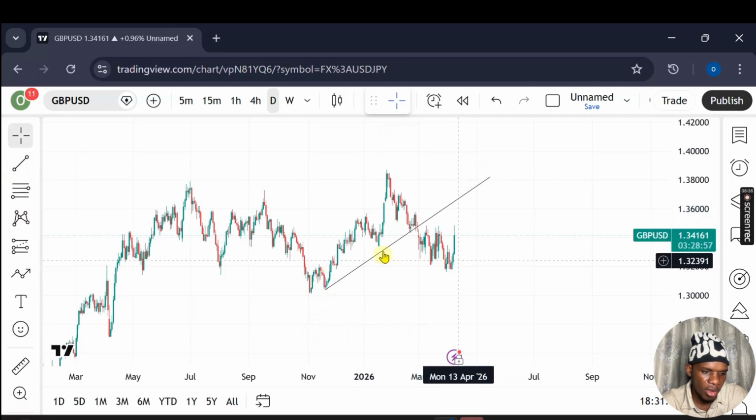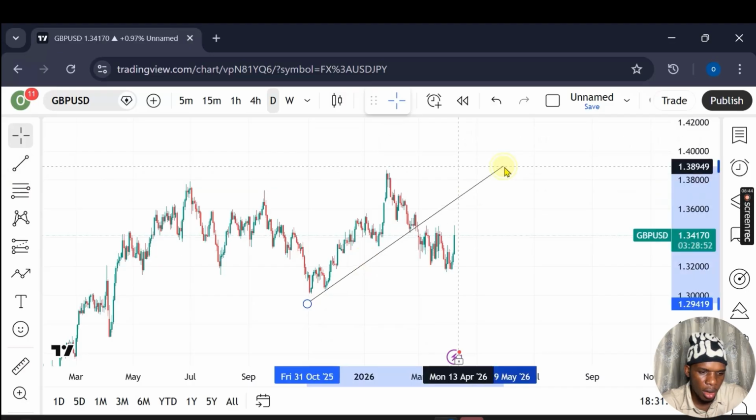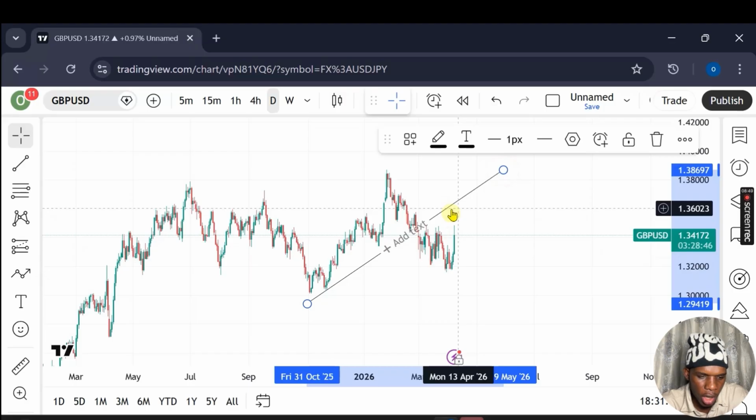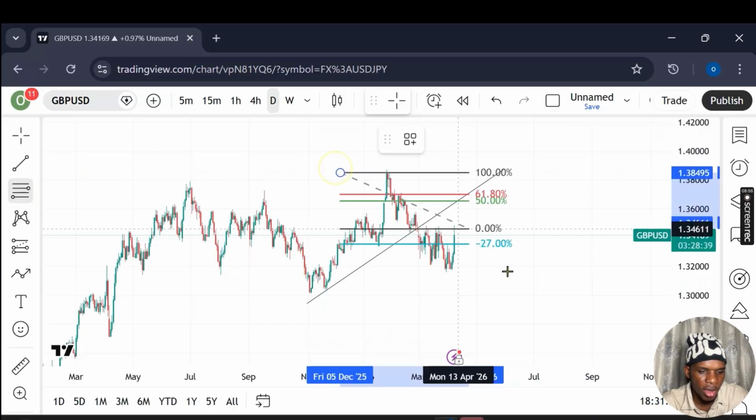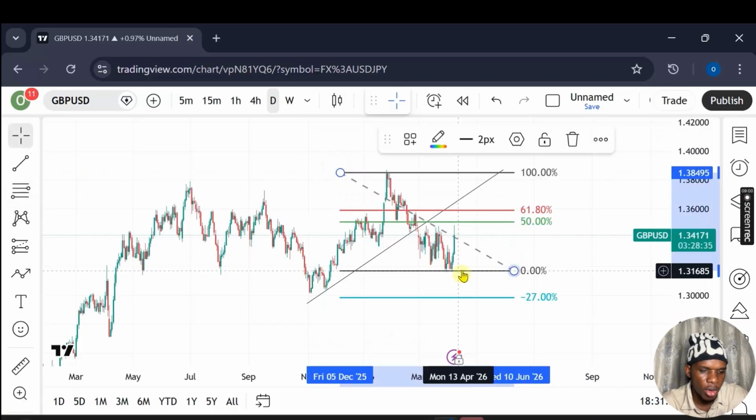So basically, as you can see, I've already drawn my trend line here. I'm waiting for the market to come to my trend line and drop down. And if I pull up my Fibonacci retracement, this retracement is going to help you figure out where the market is going to retrace from.